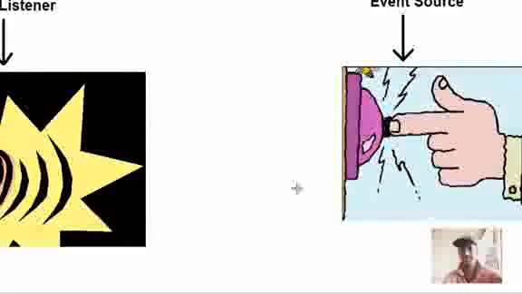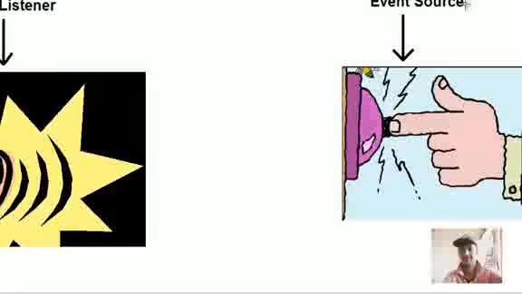Okay, so let's look at a real life example. Whenever your friend or some stranger wants to interact with you and you are sitting inside your house, he will ring the doorbell or knock on the door, and notify us that someone wants to contact or interact with us.